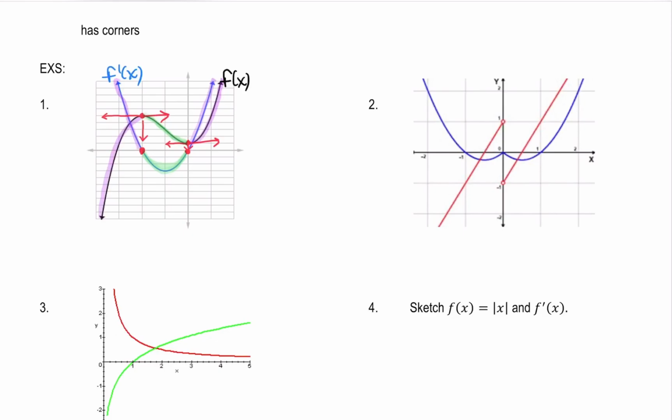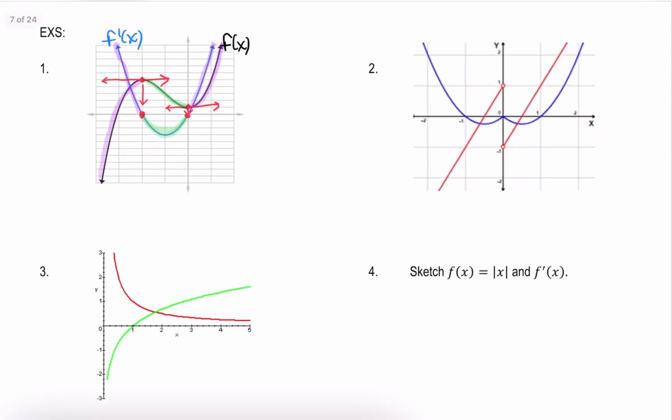If I thought the red function was maybe the original, the red function is decreasing. Its derivative would need to be entirely negative or below the x-axis, and the green function is not. So that leads me to believe, and then we will test it out, that the original function f is going to be the one in green, and f prime will be the one in red.